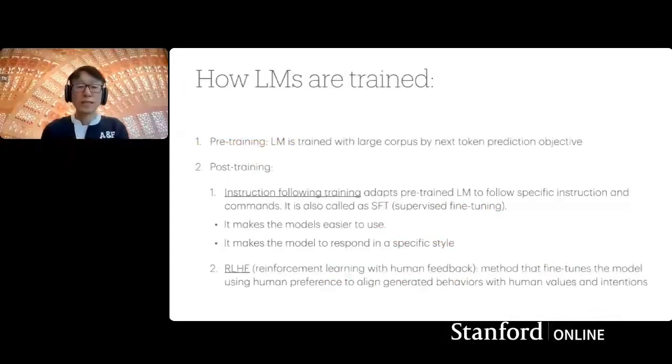Then how are these language models trained? There are largely two parts, the pre-training part and the post-training part. First, the pre-training portion is where language models are trained with a large corpus, text collected from the internet or books or different types of publicly available text, and trained with the next token or next word prediction objective.